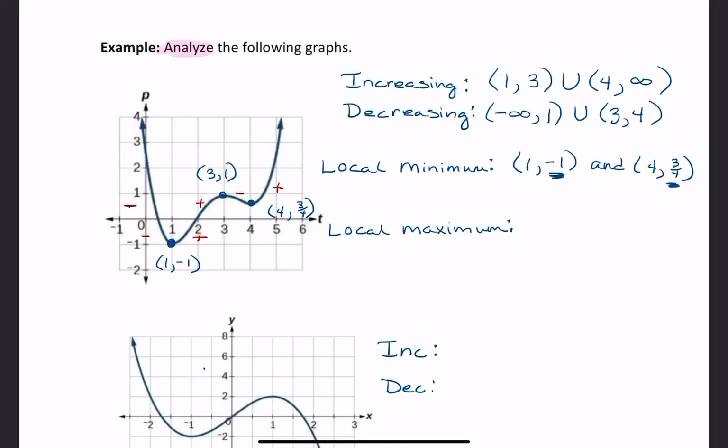You have a local maximum at (3, 1). So you have a local maximum of 1 at 3. You also would have an absolute minimum if you were just talking about the interval not going to infinity. You'd have an absolute min at (1, -1).